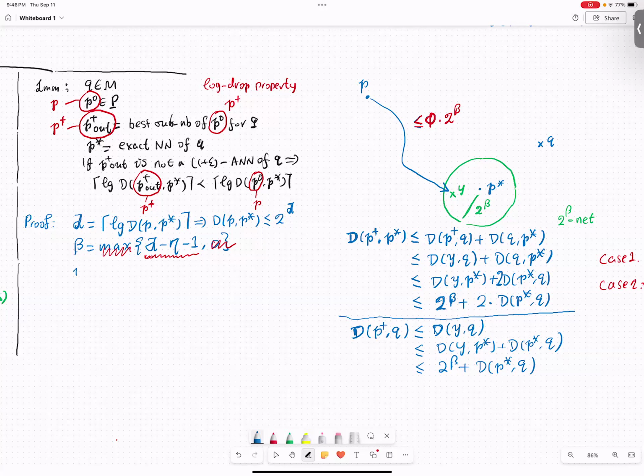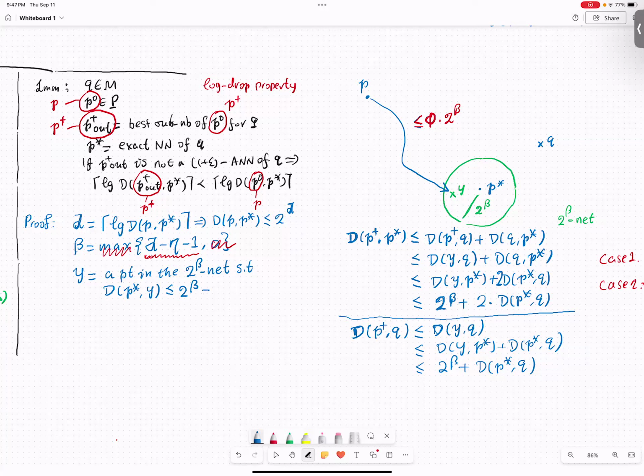Now I can define this y. So this y, let's define it to be a point in the 2 to the power of beta net. And this is a center in that net covering P star. So we have this inequality here: the distance between P star and Y should be less than or equal to 2 to the power of beta.